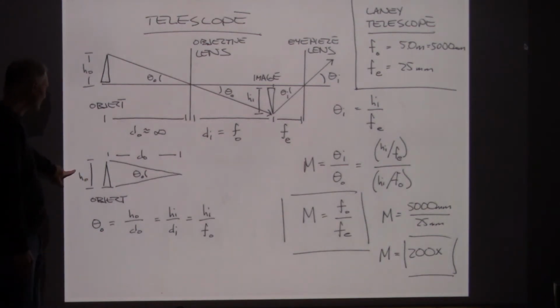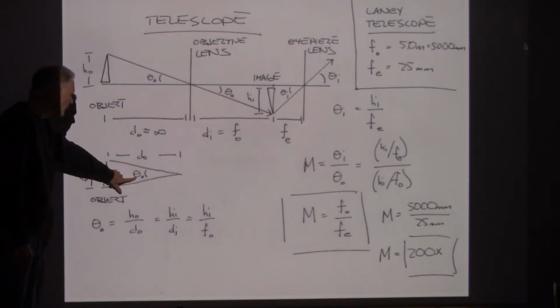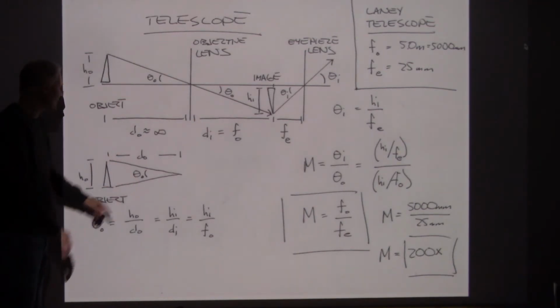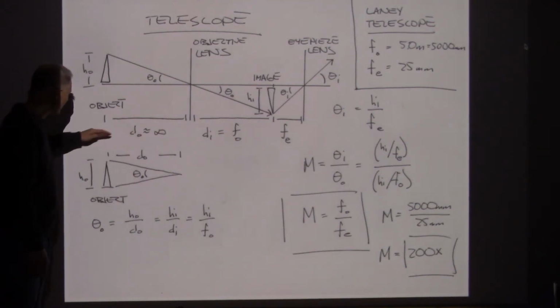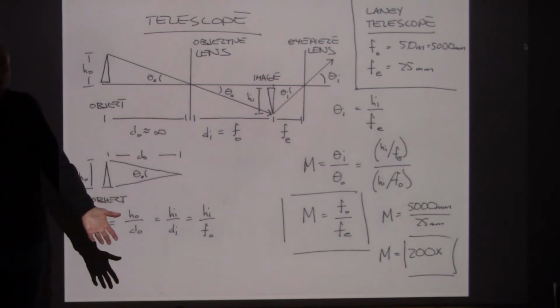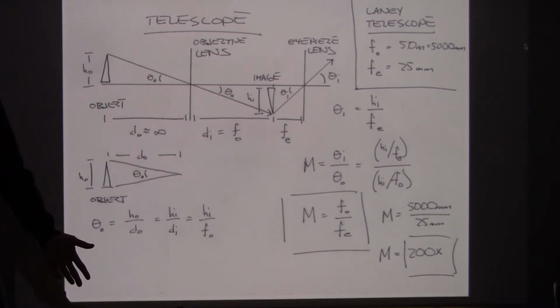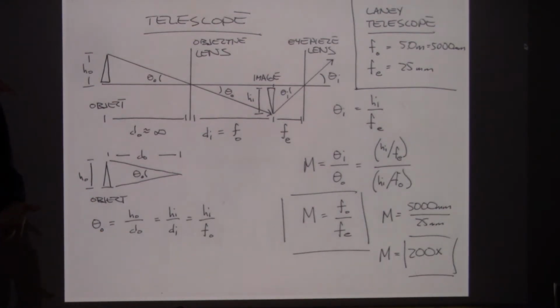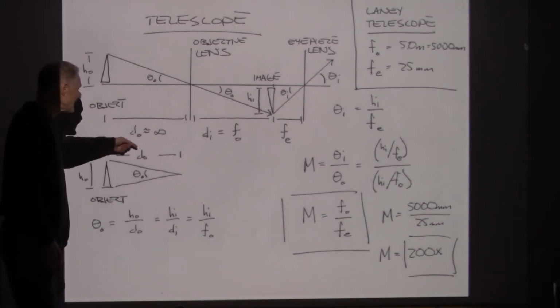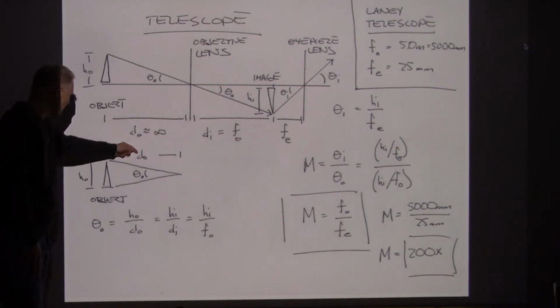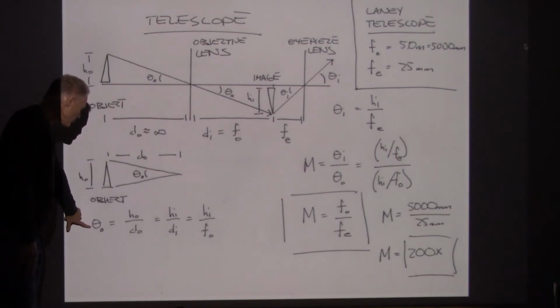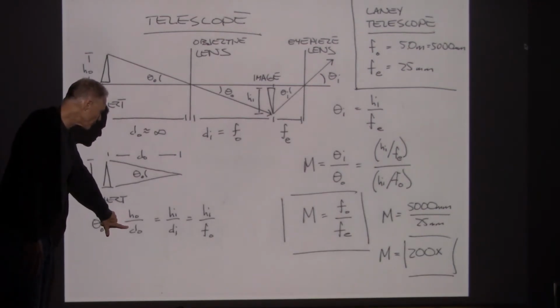It says that theta naught, the best angular size for Jupiter not using the telescope, is given by HO divided by DO. I don't have much control over Jupiter. I guess I can wait until Earth's orbit brings us as close to Jupiter as we can get. But I can't do much about that DO from there. So the reference angular size for Jupiter would be HO over DO.